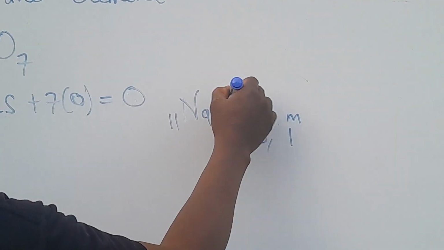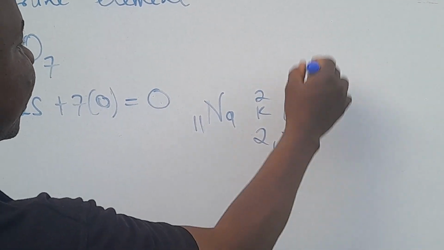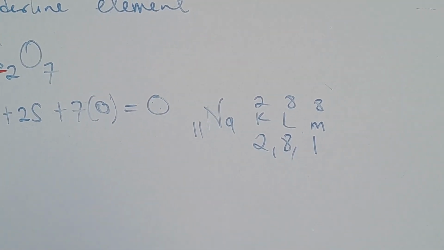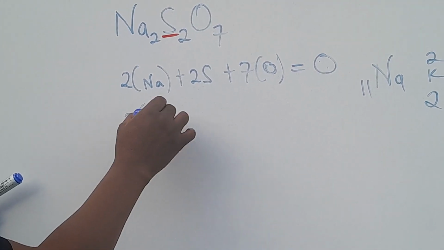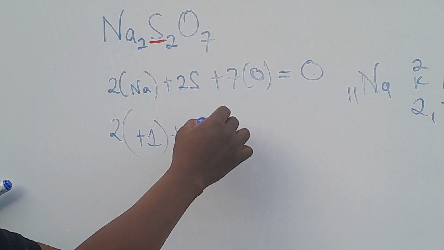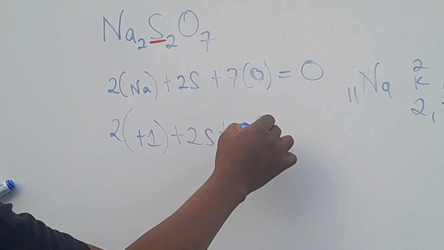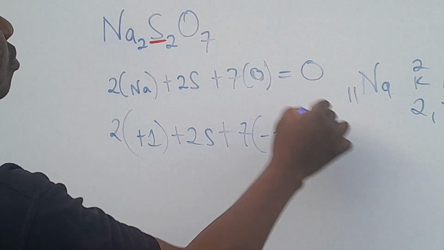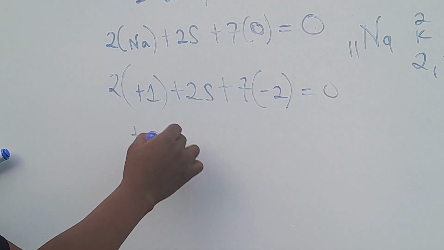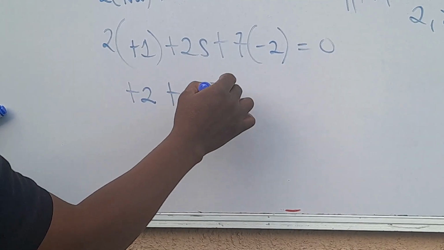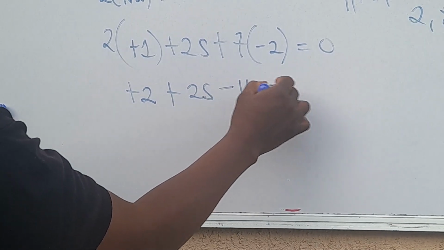So the number in the outer shell is 1. It's going to donate this as plus 1. That's 2 bracket plus 1, plus 2S, plus 7. By now, you should know that oxygen is minus 2. So open the bracket, you have plus 2 plus 2S minus 14 equals 0.